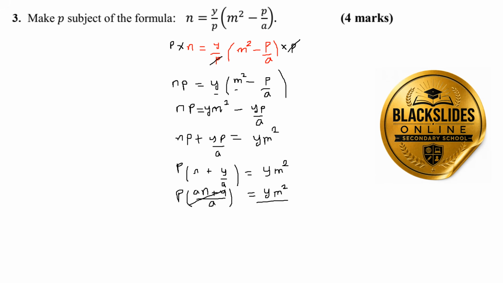And then you have this side an plus y over a. So therefore p will be equal to a, you take this a up, you have a y squared, sorry, a y m squared divided by an plus y.